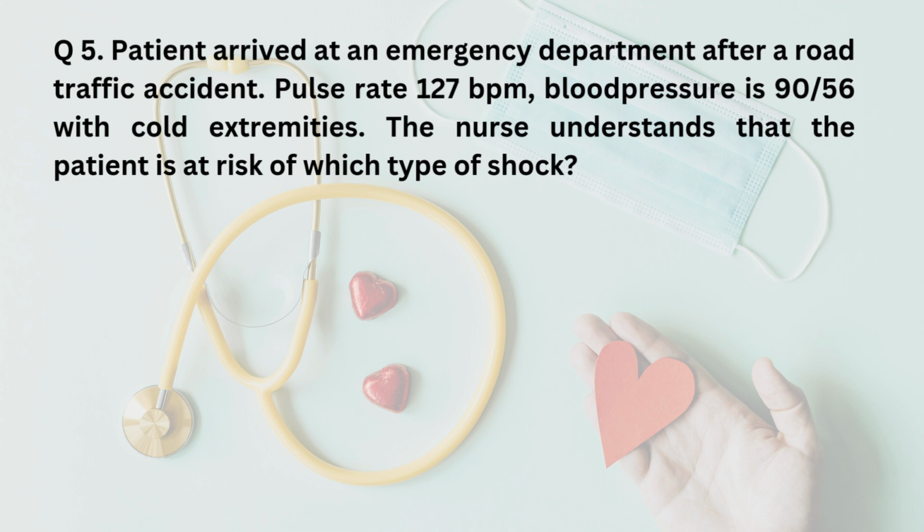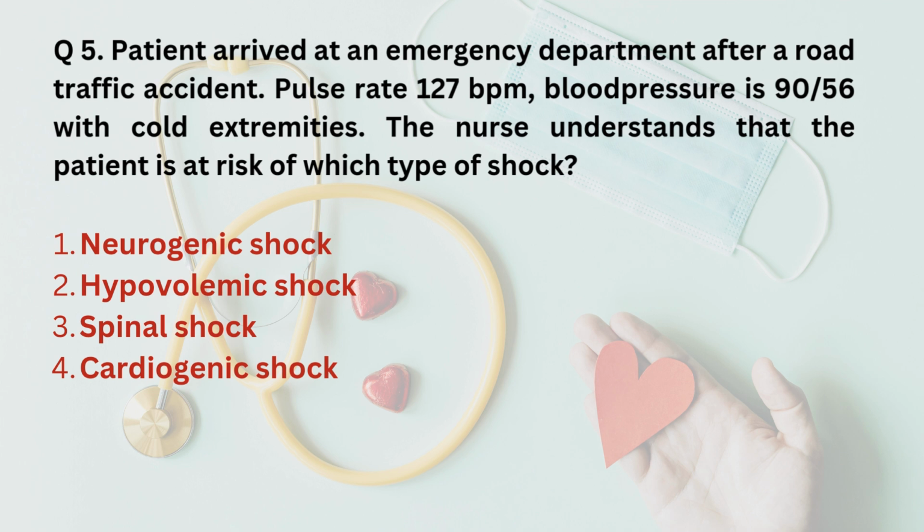The nursing officer understands that the patient is at risk of which type of shock? Options are neurogenic shock, hypovolemic shock, spinal shock, cardiogenic shock. Here the correct answer is option number 2, that is hypovolemic shock.